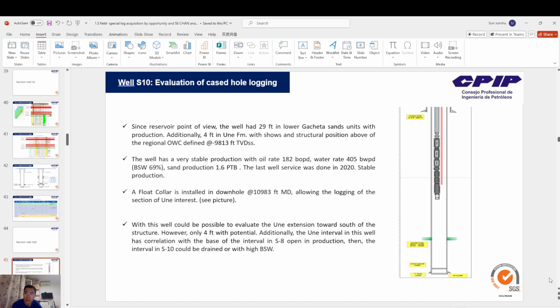With this well, it could be possible to evaluate the Uni extension towards the south of the structure. However, only 4 feet with potential. Additionally, the Uni interval in this well has correlation with the bits of the interval in S8, open in production.